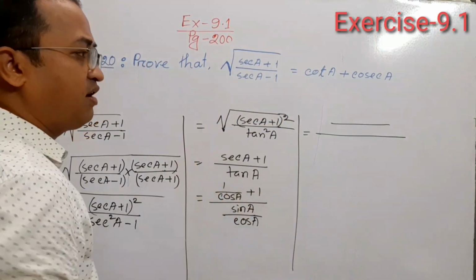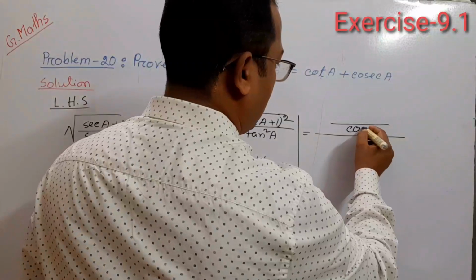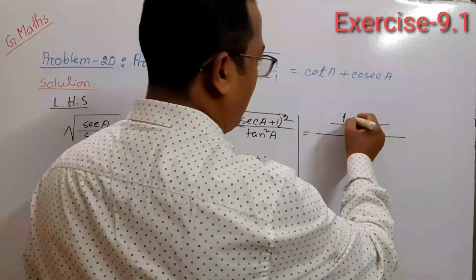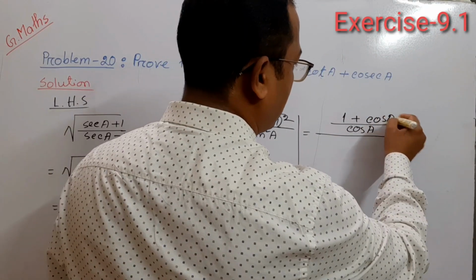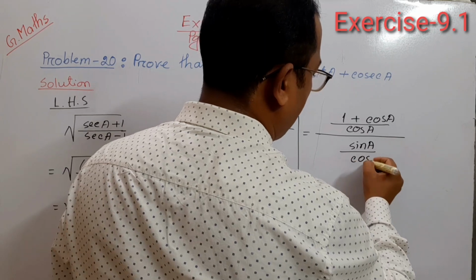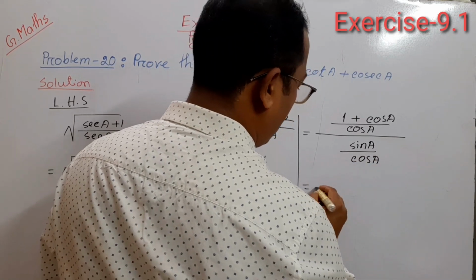We will solve it at first. It will be cos A, that is the LCM, and it will be 1 plus cos A divided by sin A by cos A.